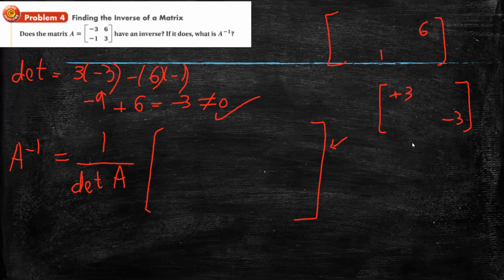So for the first diagonal, I will change them up and down. For the second one, I will take the 6, but I must make a change. I must change its sign. I will write the opposite of it. And for the number 1 also, I will write the opposite.